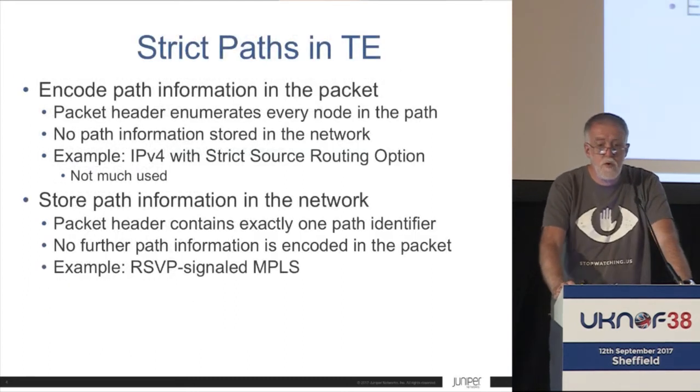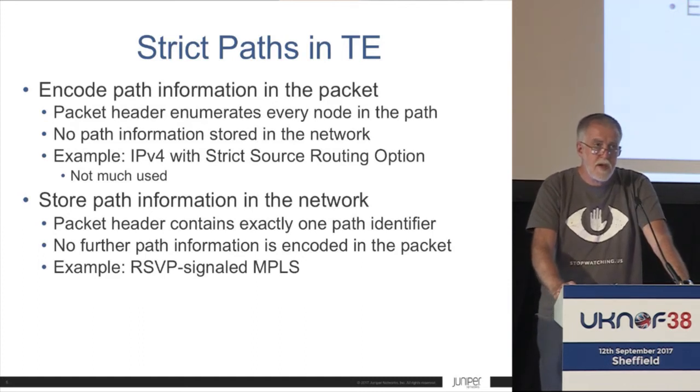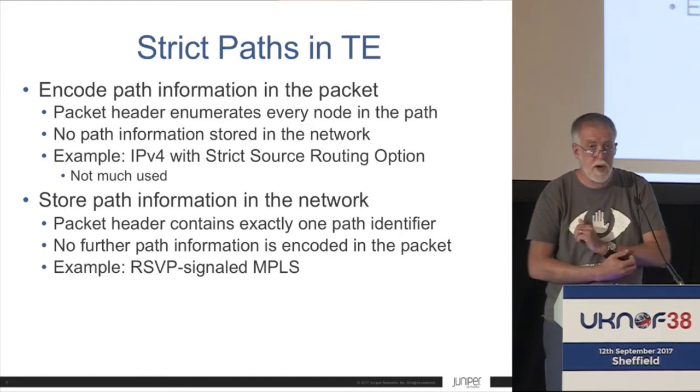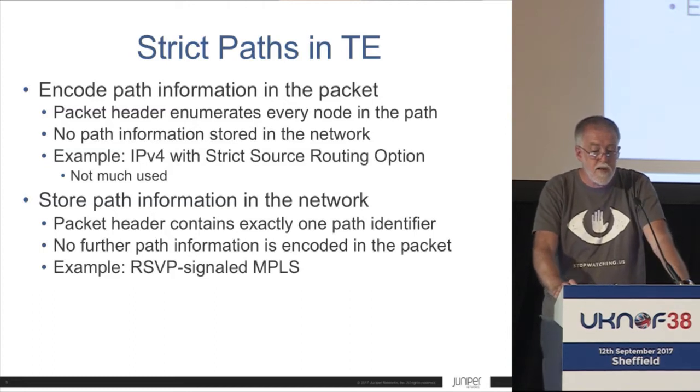So we have two tools in traffic engineering. One of them is strict paths. A strict path says this is exactly the route through the network your data will follow. And there are two approaches historically to this. One is to put the information in the packet header, and we see that in the strict source route option in IPv4, but not much used.